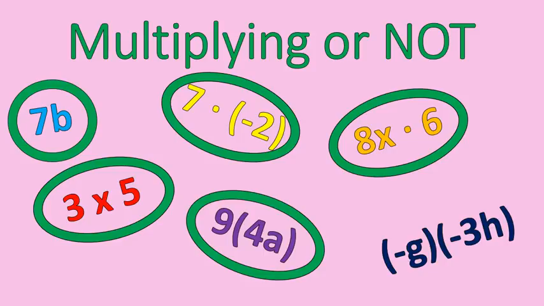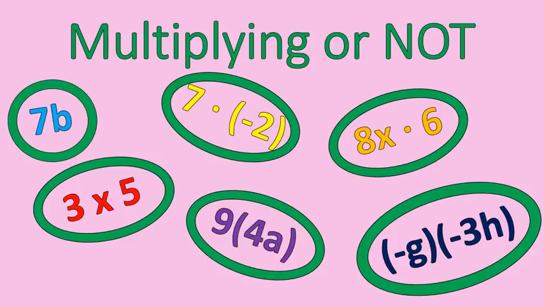Which brings us to our final term, -g times -3h, which is also two kinds of multiplication. It's -g times -3h, but -3h also means -3 times h. So I tried to show several different ways that you would see multiplication.